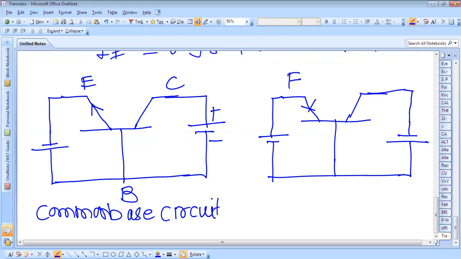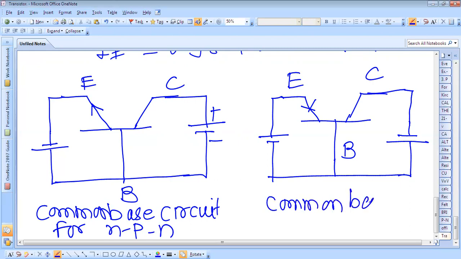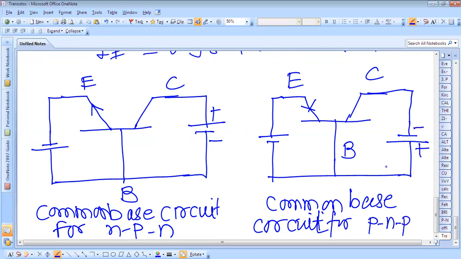Here is the emitter, this is the collector and this is the base. So this is for an NPN transistor, and this is a common base circuit for a PNP transistor. Okay, in this way we can draw the circuit.